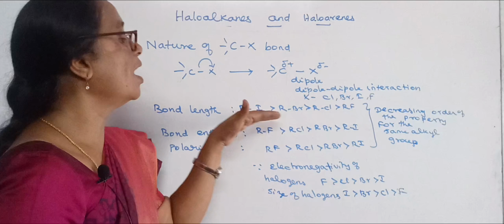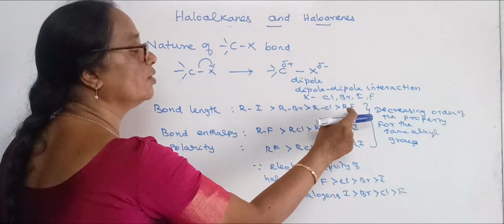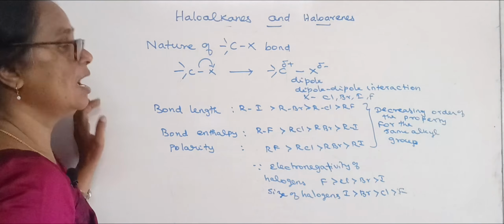The size of the alkyl halide decreases from iodide to fluoride, and hence the bond enthalpy changes. When bond length is greater, bond enthalpy will be smaller. That means if the bond is too long, it requires a very small amount of energy to break it. But if the bond length is smaller, it requires high energy. So the fluoro compounds have higher bond enthalpy compared to the iodo compounds.